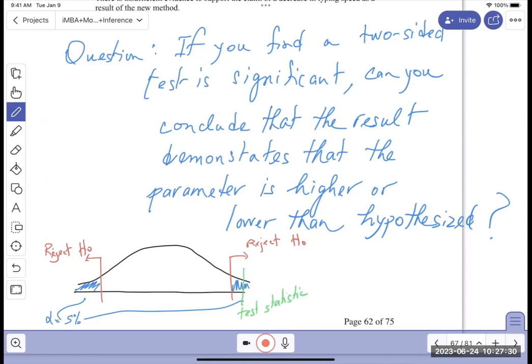Without conducting the right-sided test, what do I know? Do I automatically have the results of the right-sided test?